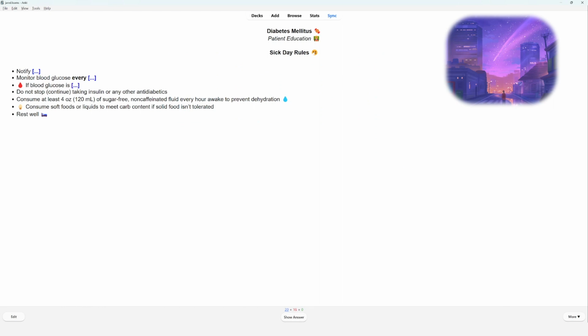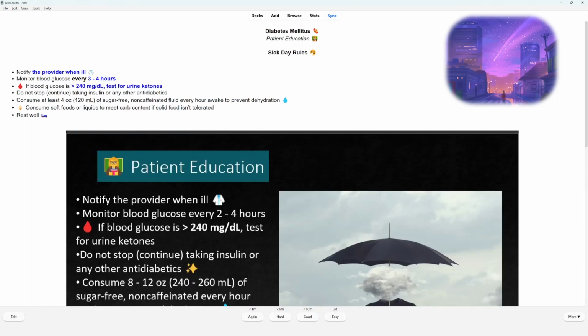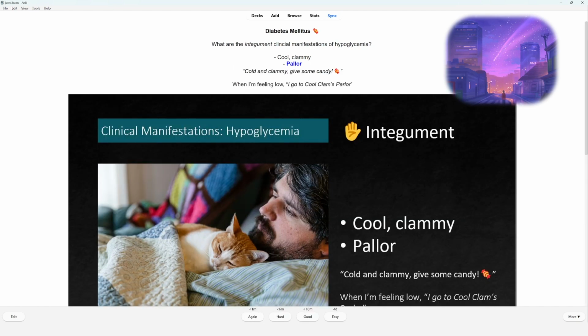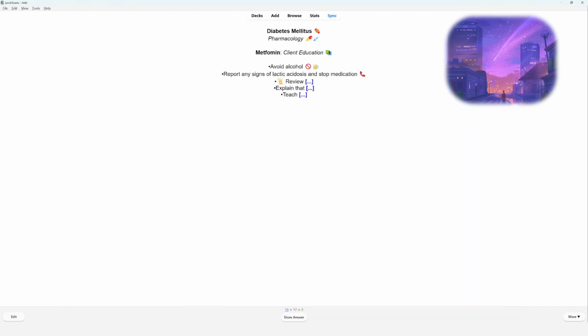Sick day rules: notify the physician if ill, monitor glucose every 3 to 4 hours. If blood glucose is over 240, test for urine ketones. Cool, clammy, and pallor for our hypoglycemia. Client education with metformin: review the signs and symptoms of hyper and hypoglycemia.